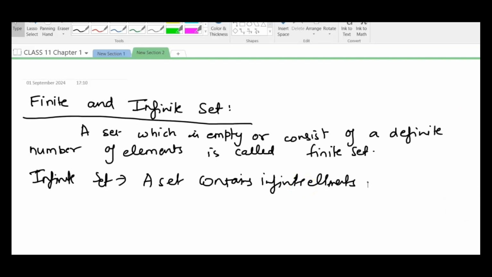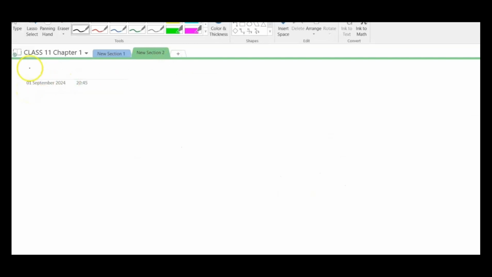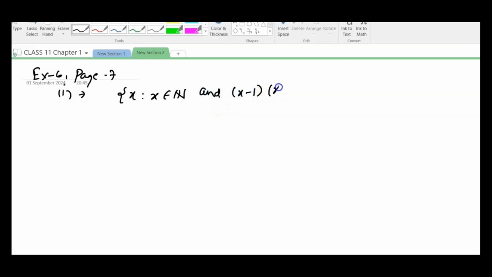Let's see example 6 on page 7 of your NCERT class 11 book. State which of the following sets are finite or infinite. So we simply need to tell if the set is finite or not. Suppose we have this set: x such that x belongs to N, that is x is a natural number, and (x minus 1)(x minus 2) is equal to 0.